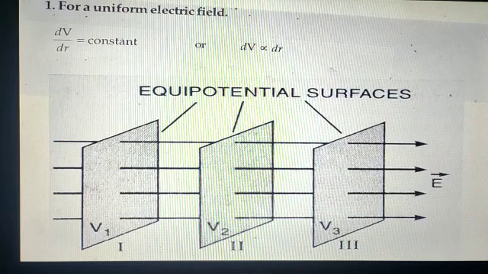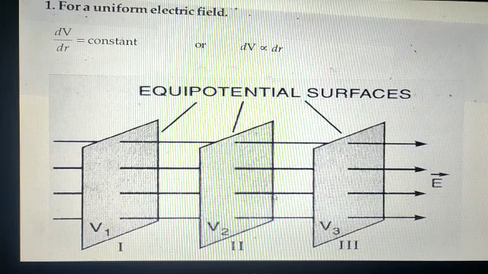So these are the equipotential surfaces which are equidistant from each other and which represent a uniform electric field. I think this is clear to you.